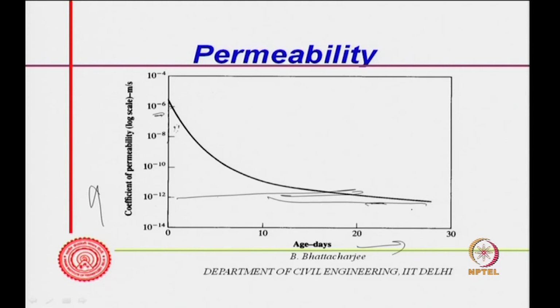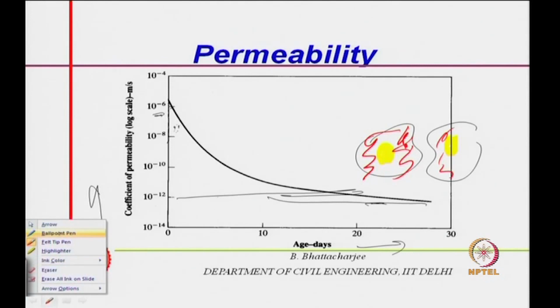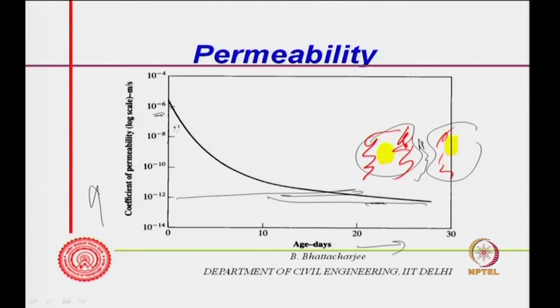So, with age it reduces, and we can understand: hydration will progress, capillaries will get segmented, the capillaries which are interconnected. If you recall, this is our cement particle, and this is the hydrated cement around it, and this was the water-filled space originally.